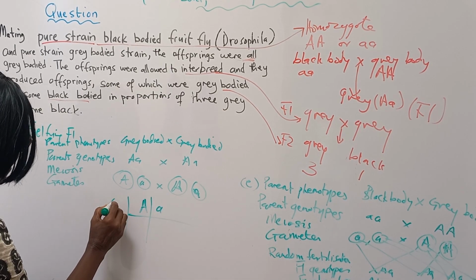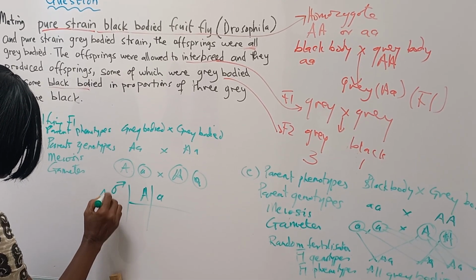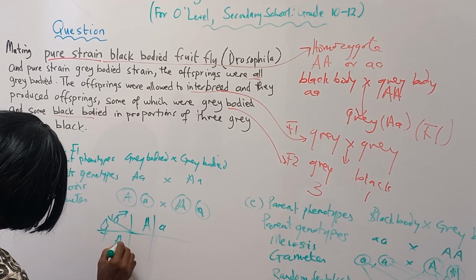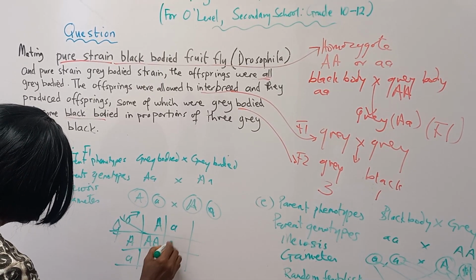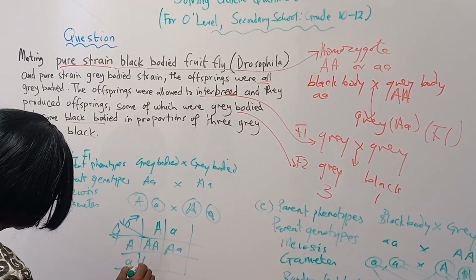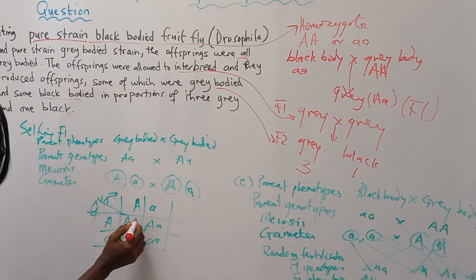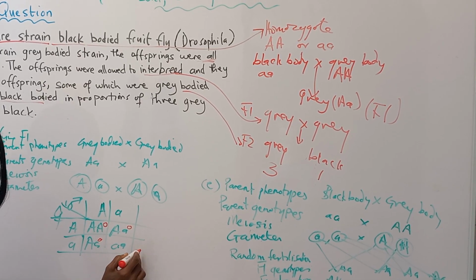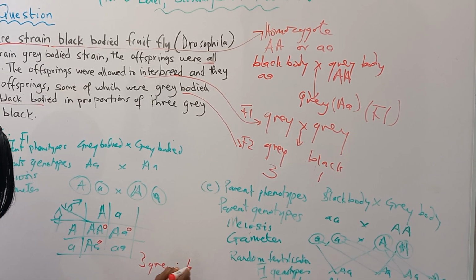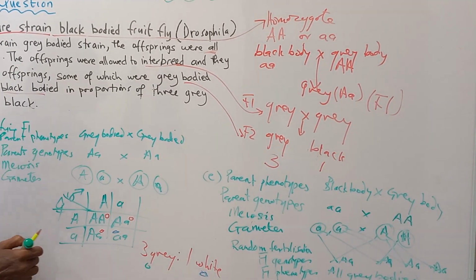This is the male gamete. And we have our female gamete down here. The female gamete also like this. So we have this individual, this individual, this individual, that individual. This is gray, gray, gray. So we have 3 gray, 1 white. We have 1 white, we have 3 grays.